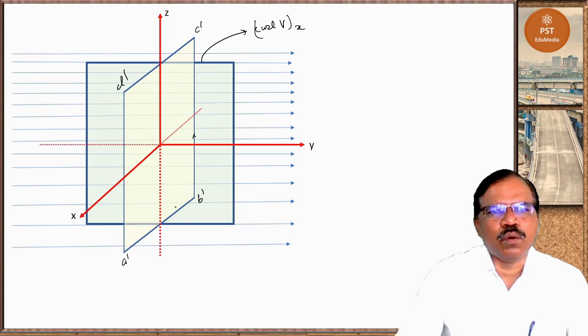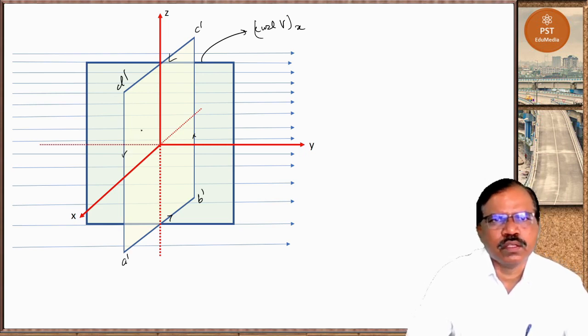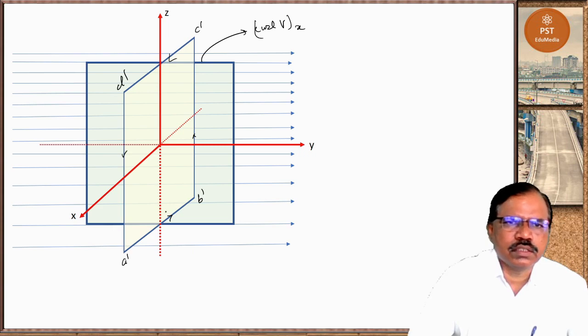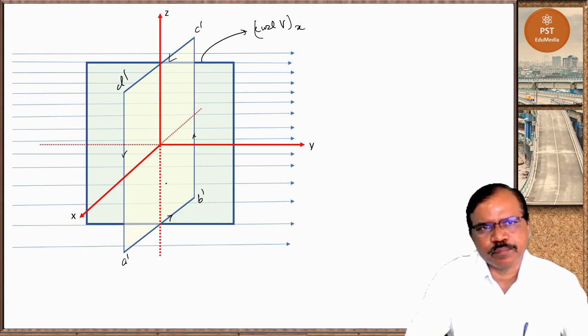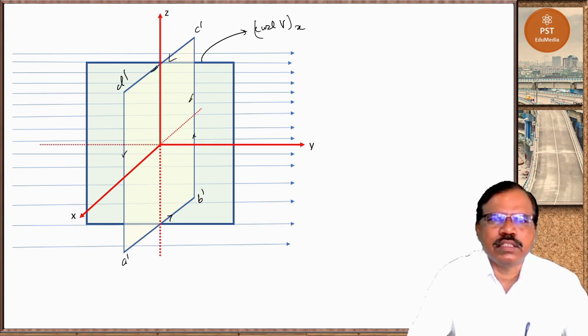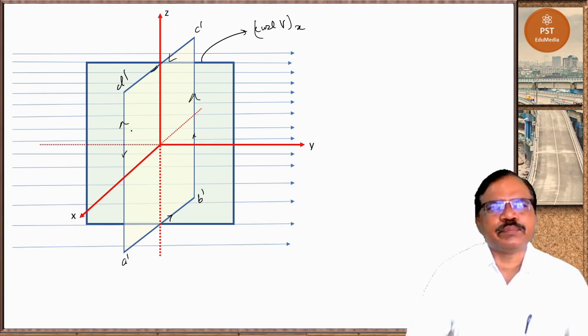Then we have to go from a' to b', b' to c', c' to d', d' to a'. So along a'b' we have to take the x component, and along this we have to take the z component.